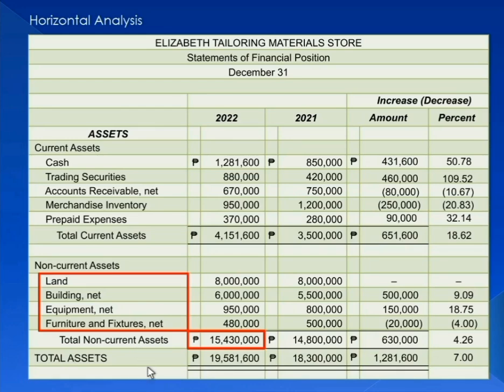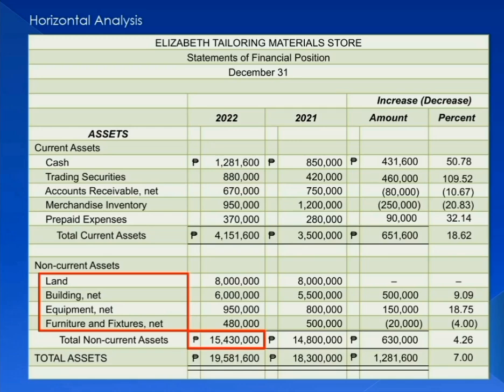Property, plant, and equipment is just one group of non-current assets. There are other non-current assets which are not property, plant, and equipment, such as long-term investments and intangible assets.